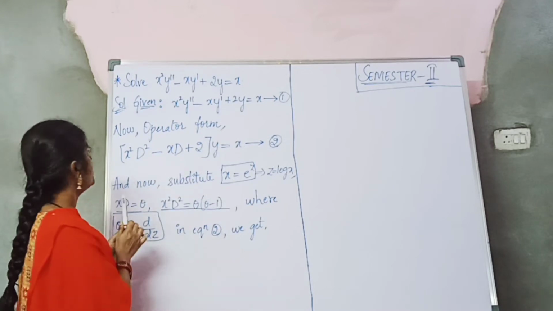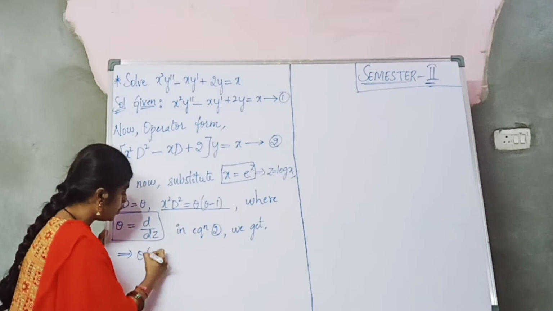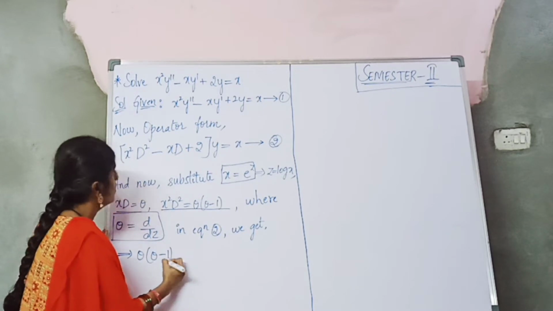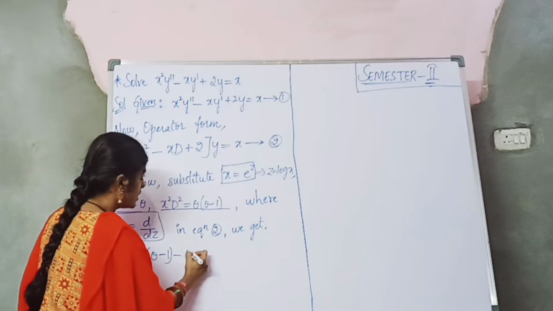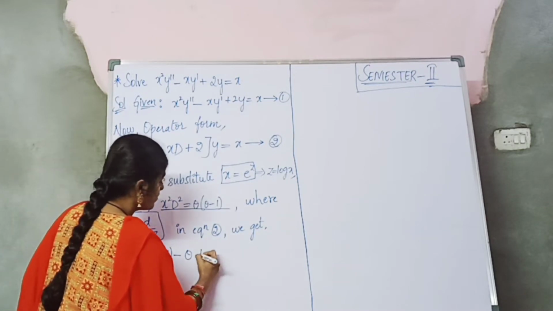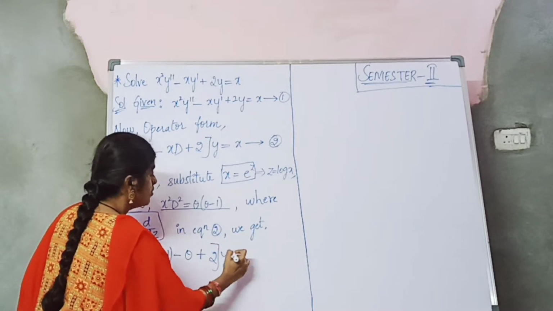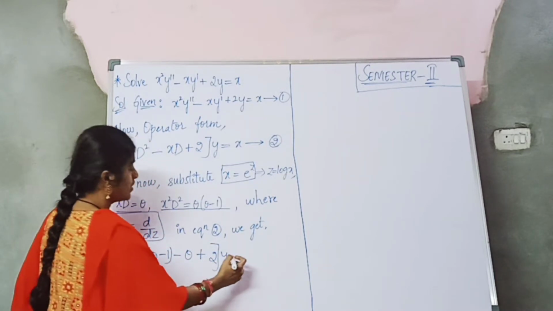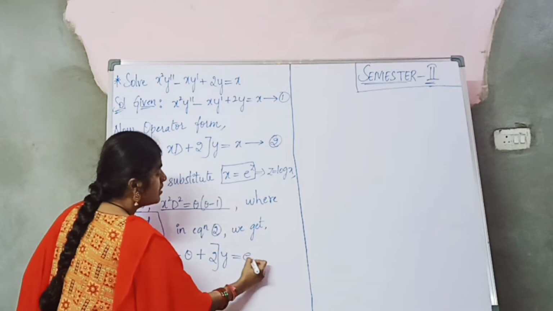Then we get theta into theta minus 1 minus theta plus 2, into whole of y, equals x, and x equals e power z.